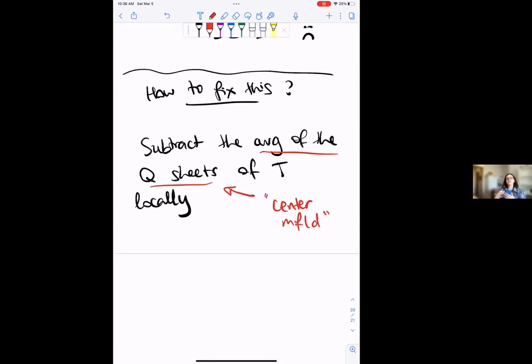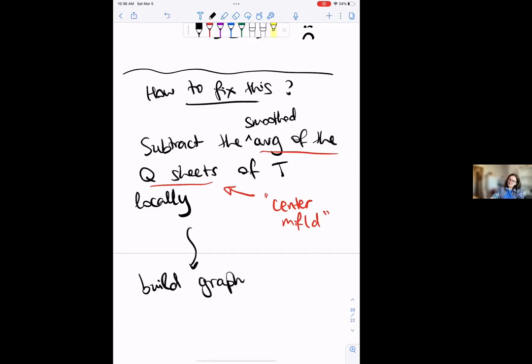It's kind of like a smoothed average of the sheets. So I should say, subtract the smoothed average of the sheets. And then we want to instead build our graphical approximations over this center manifold, this average of the sheets.